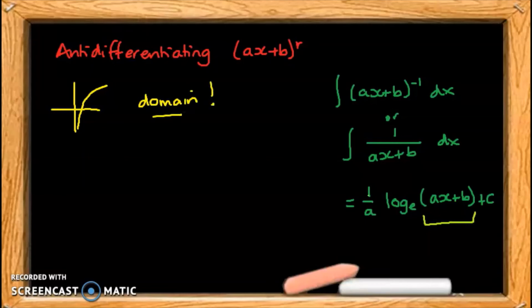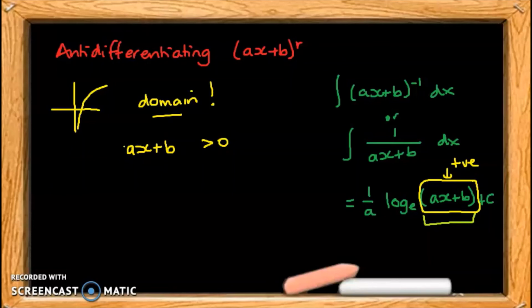Now here, it's possible that anything in this bracket could be positive or negative, but it must be positive because of the domain. So in this circumstance, we need ax plus b to be positive because of the domain of log.